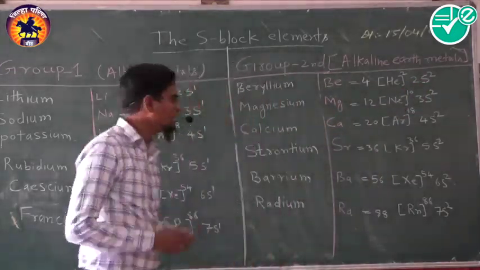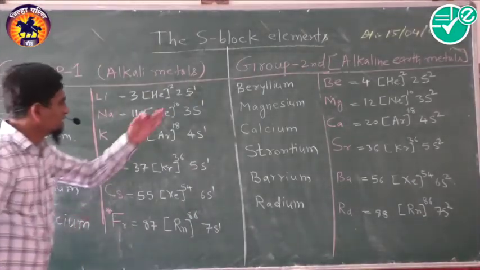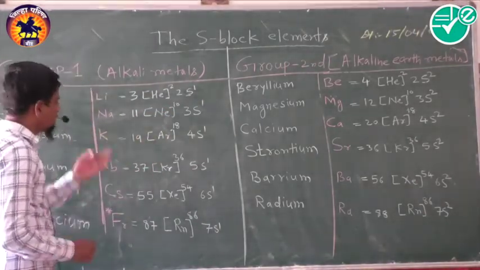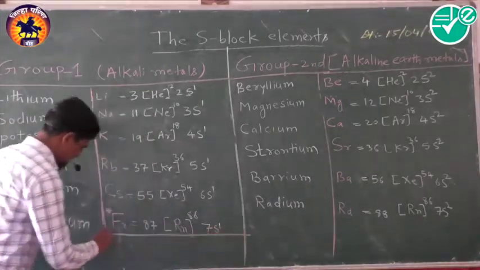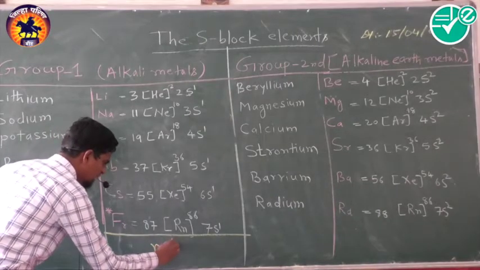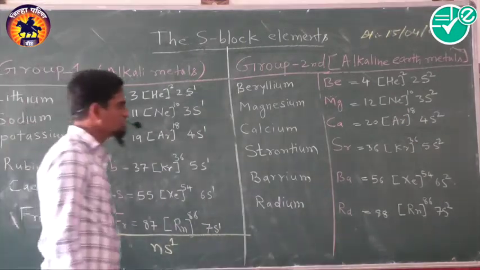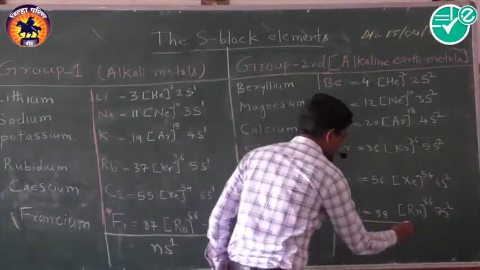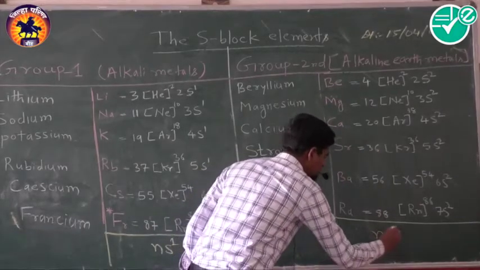So the general electronic configuration for alkali metals, group first, is ns1, and for group second, the general electronic configuration is ns2.